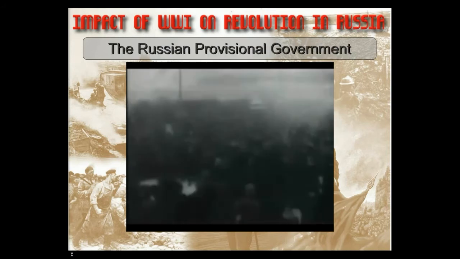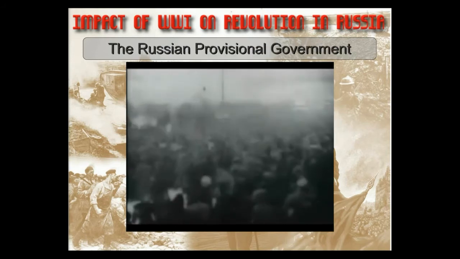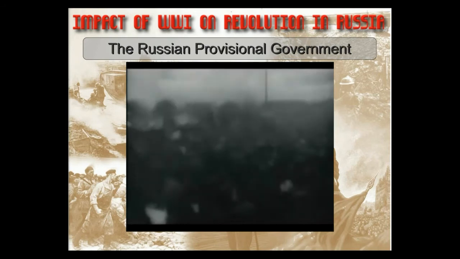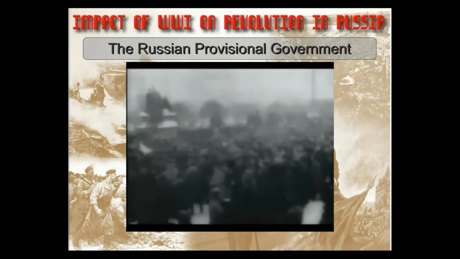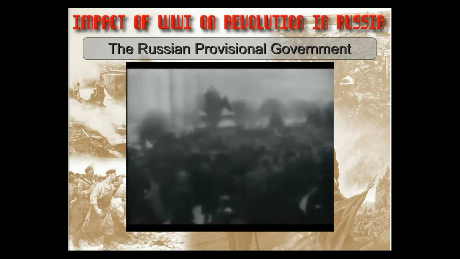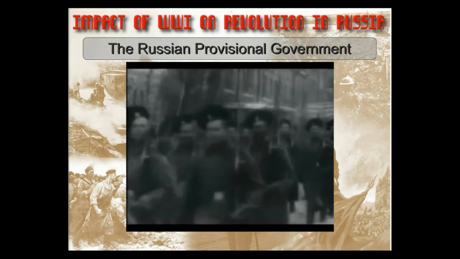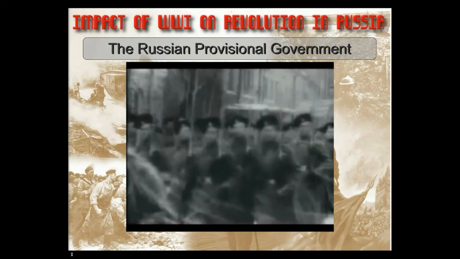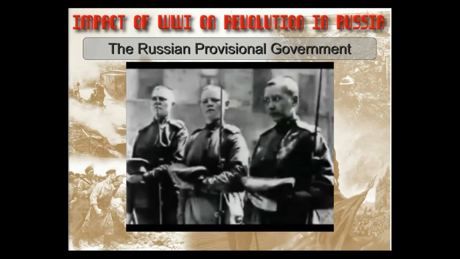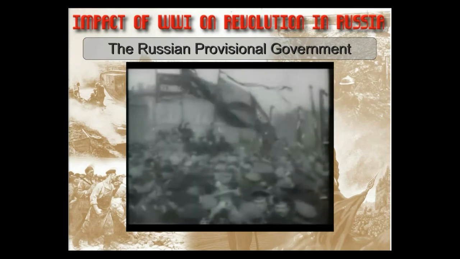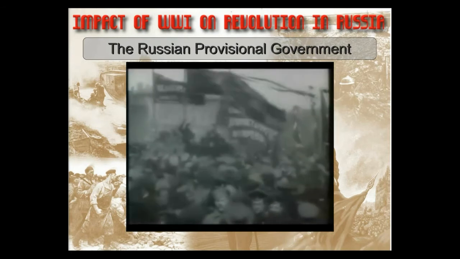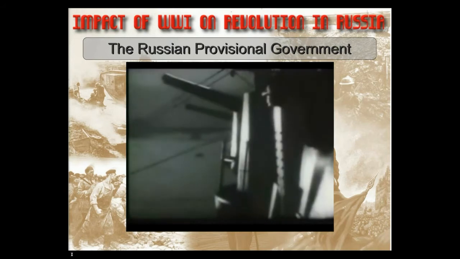After the abdication of the Romanovs, a provisional government was formed by leading members of the Duma and recognized internationally as Russia's legal government. It was to rule Russia until elections could be held. However, its power wasn't stable. Alexander Kerensky, the head of the provisional government, and the others were liberal, moderate, and conservative socialists.